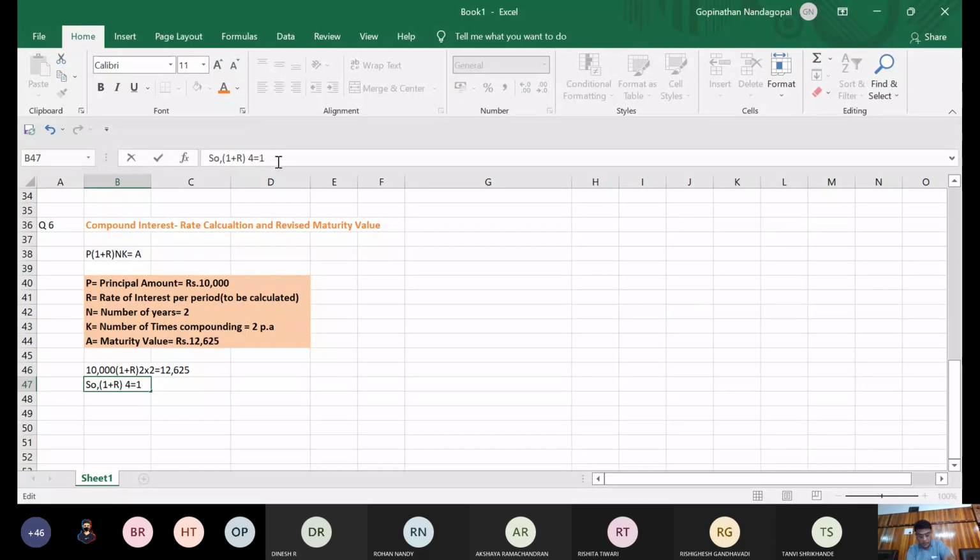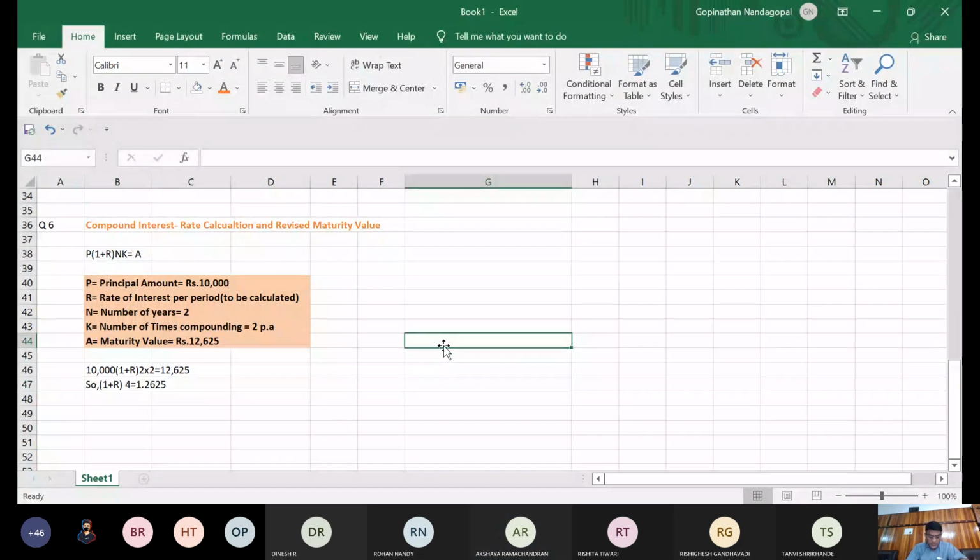Somebody help me in calculation, please. I request somebody to help me in the 1.2625.